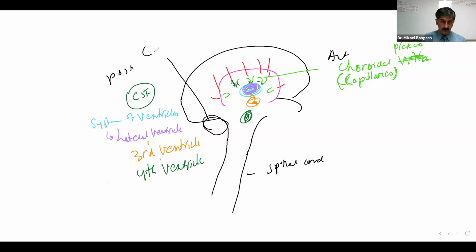This one here was the cerebellum. And from there it goes into what we can call two things. We can call it the central canal. What we were told in med school was that it also can be called the aqueduct.